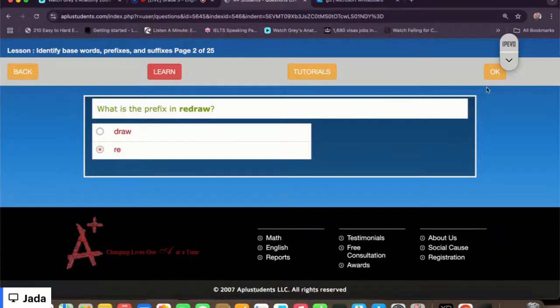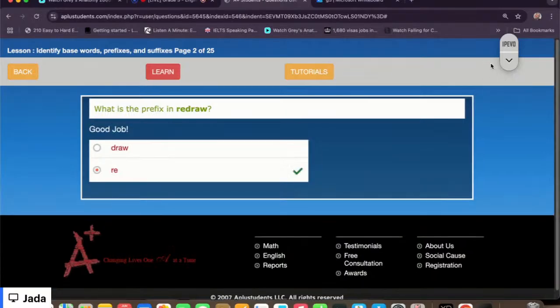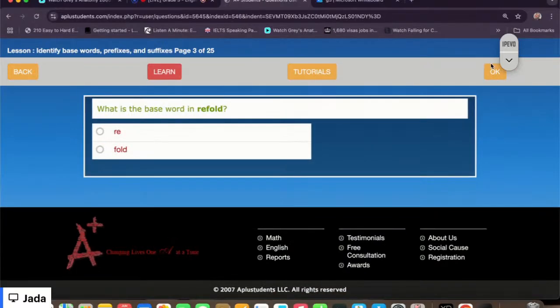All right, so prefix will be re because it comes at the beginning. Okay. So what is the base word in refold?